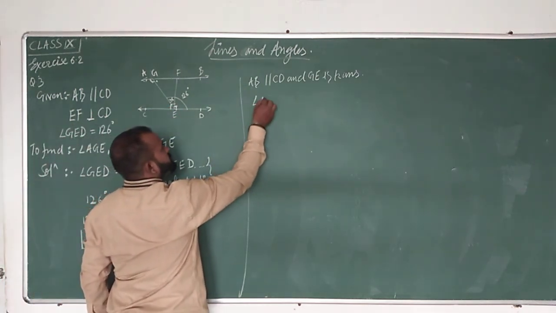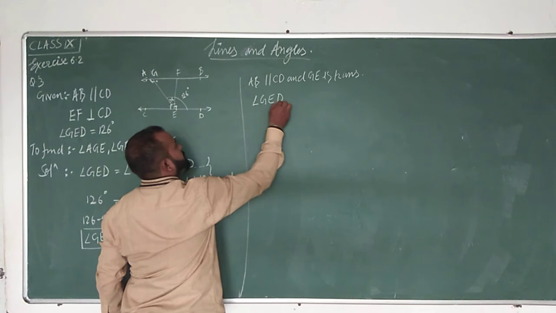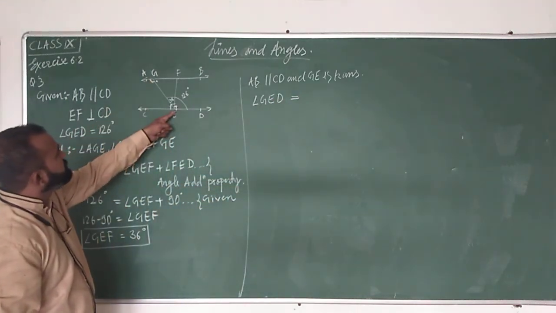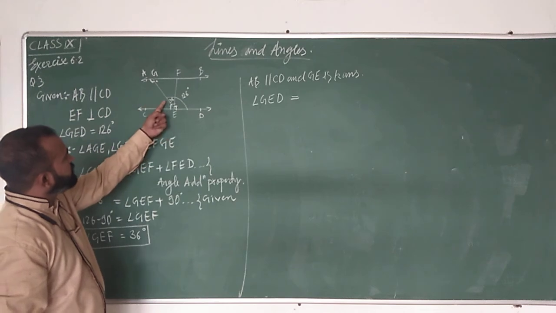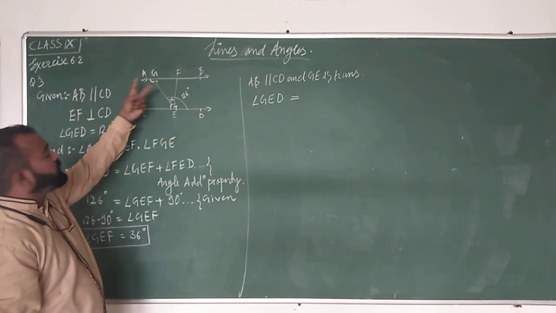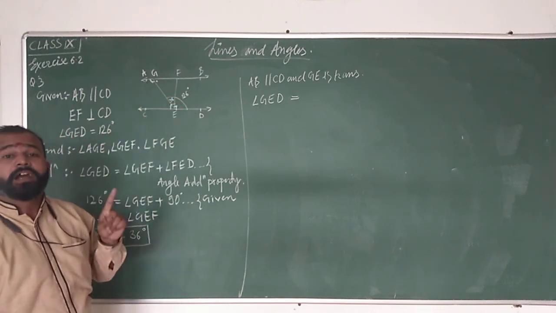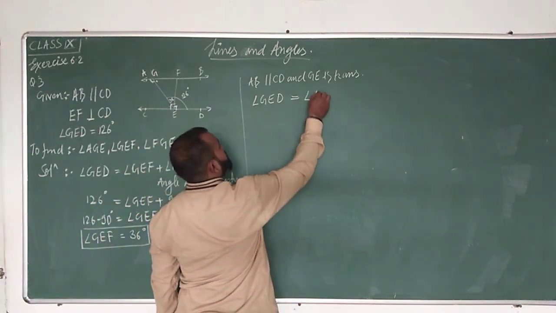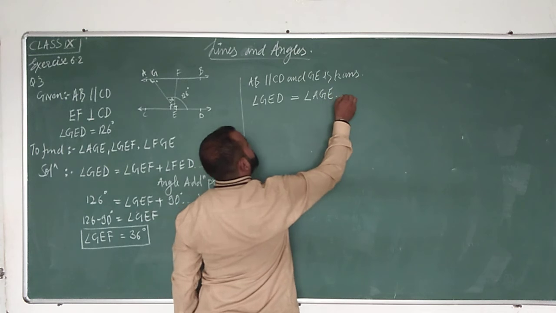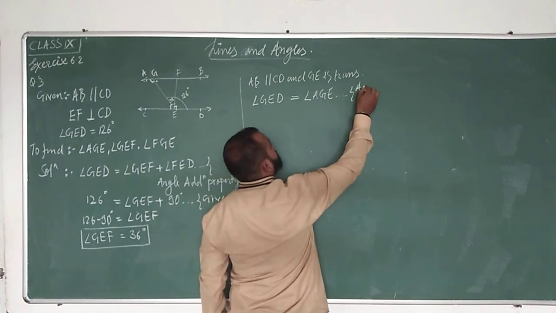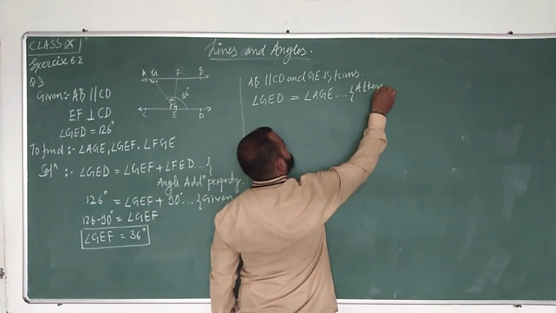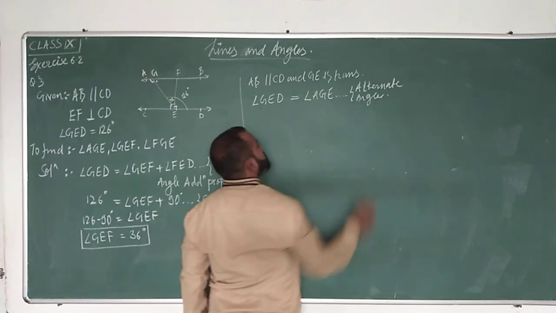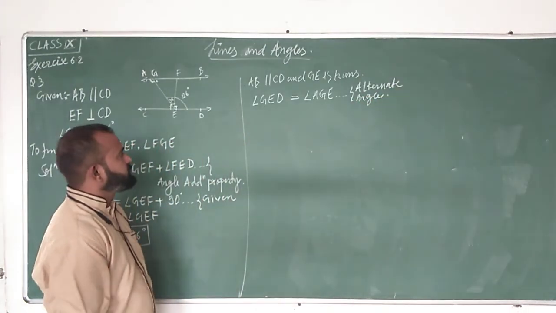So relation between this angle GED. Therefore angle GED is equal to AGE. Look, this transversal, one is on the right side, the other on the left side, and both angles are inside. So alternate angles: angle GED equals angle AGE. These are the pair of alternate angles, and they are equal.